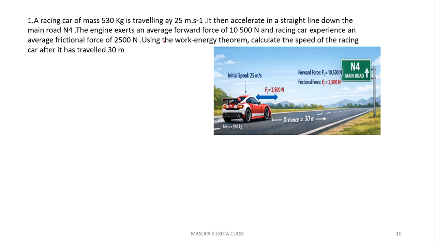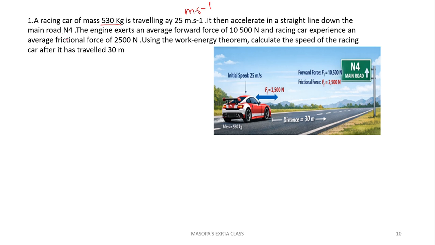So now we have a racing car that has a mass of 530 kg that is traveling at 25 meters per second. It then accelerates in a straight line down the main road of the N4.